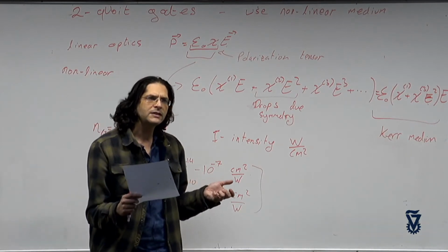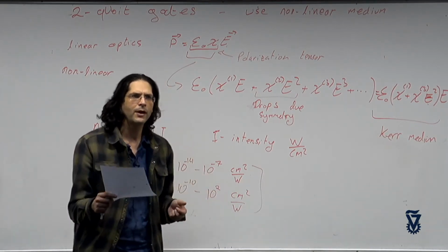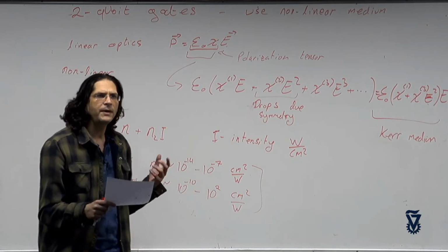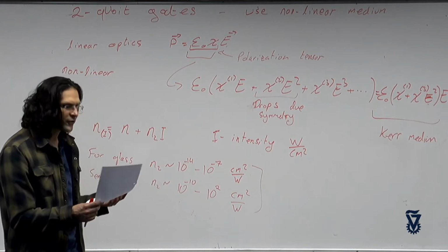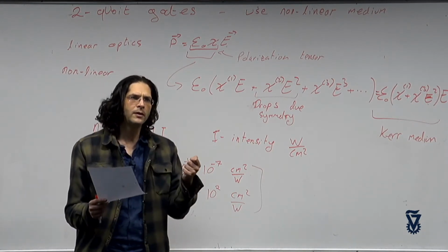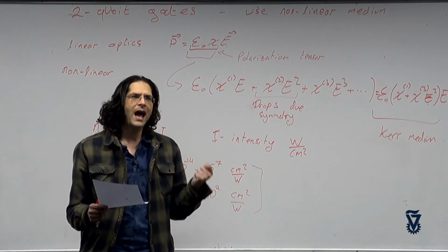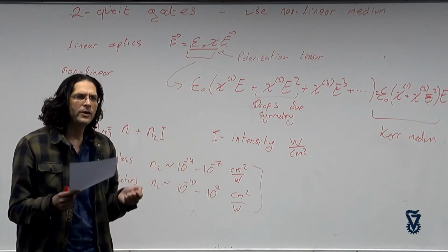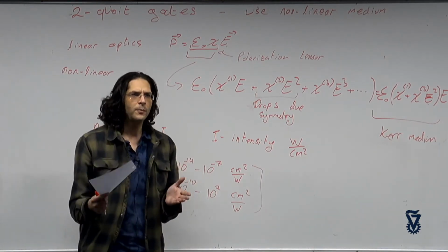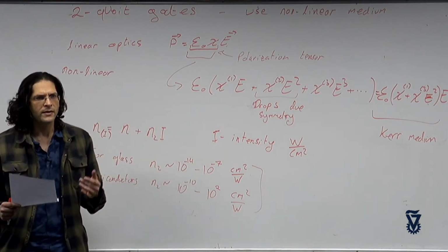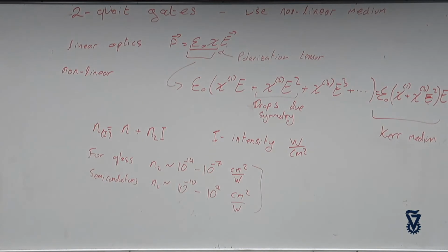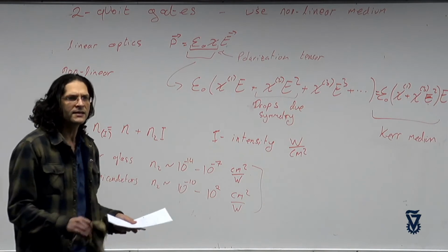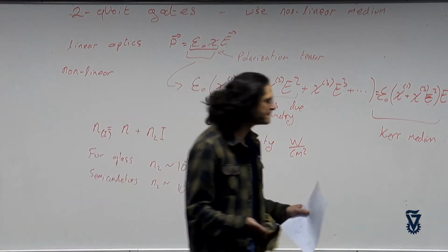Apply it to a coherent state, a number state, and see that you get the expected behavior. Okay? So I'm going to write the quantum version of this, and then we're going to look at the quantum evolution, and see how that creates interaction between two of these photonic qubits, and then we'll discuss why this is actually a terrible idea. But before being a terrible idea, let's see how much of a good idea this is.